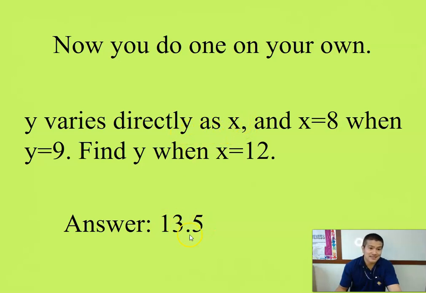So how did we get 13.5? x sub 1 is 8, y sub 1 is 9, and x sub 2 is 12. We are looking for y sub 2. You cross multiply again, and therefore you get 13.5.